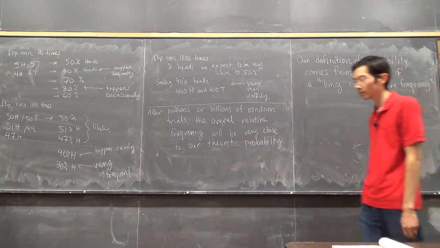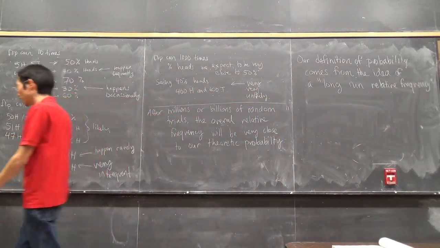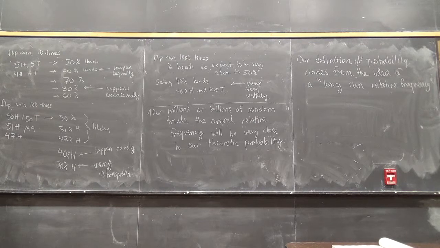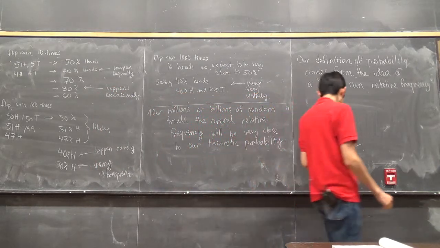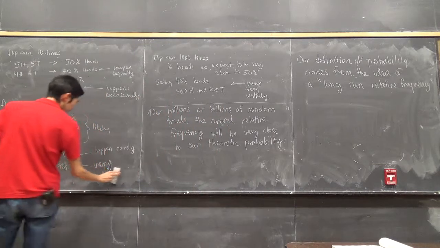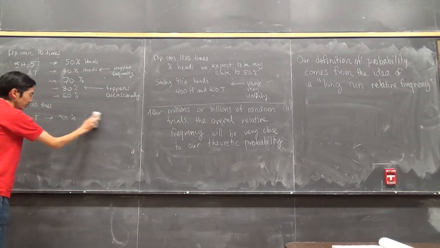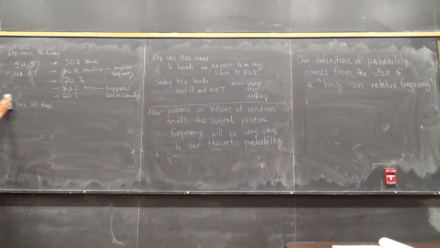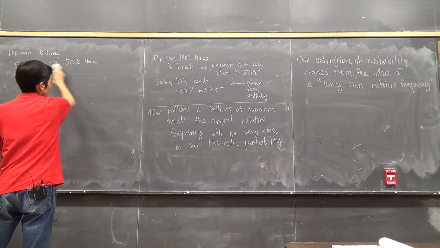And the long-run relative frequency is the notion that if we were to do this an infinite number of times, which is physically impossible for us, because infinity is unreachable, but that is the notion, okay? So it's the idea that if we were to flip a coin an infinite number of times, then half the time it would land heads, okay?